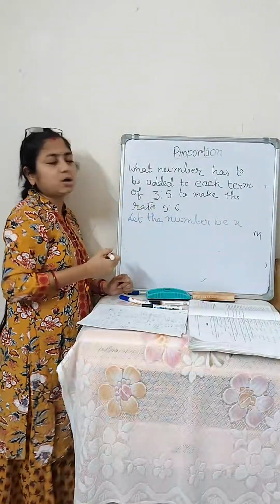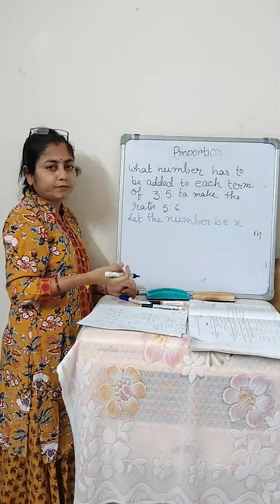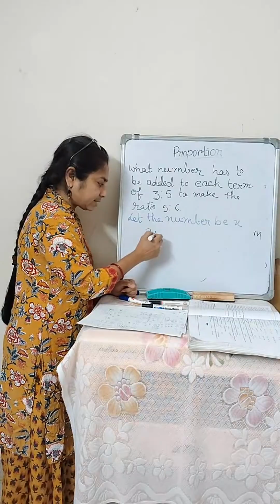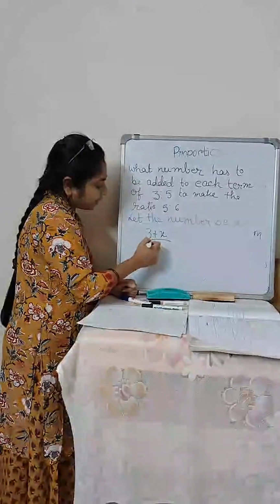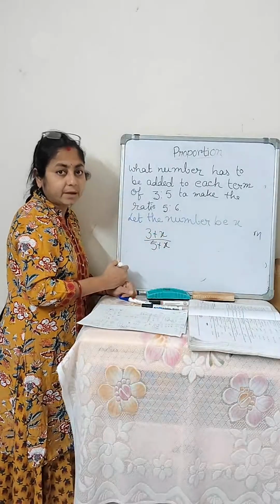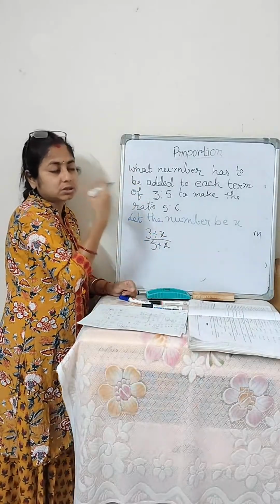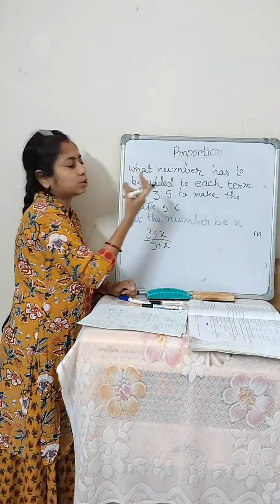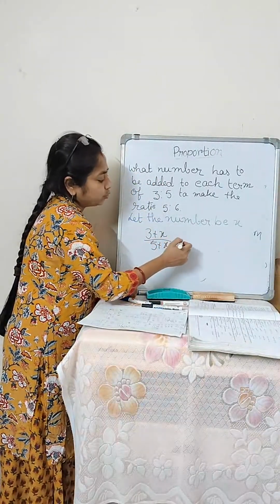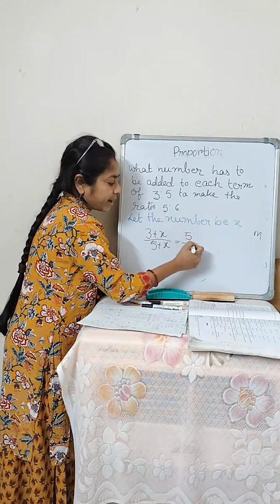What's the ratio? 3:5. So I can write 3/5. So I write 3 plus x by 5 plus x. Normal ratio is 3/5, but in the question, I should add some number. So I write 3 plus x by 5 plus x. The new ratio is 5/6.